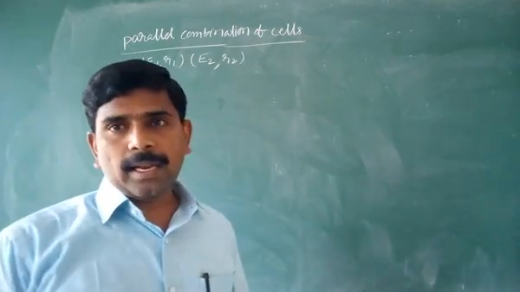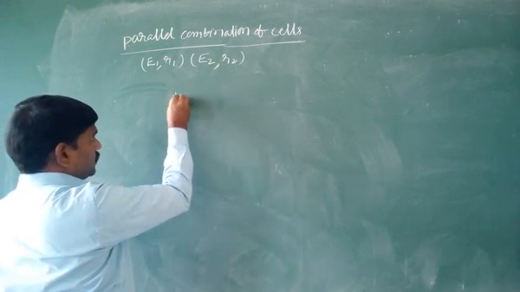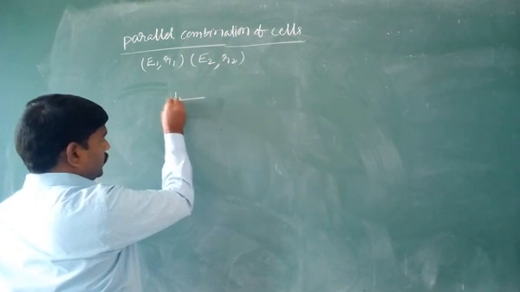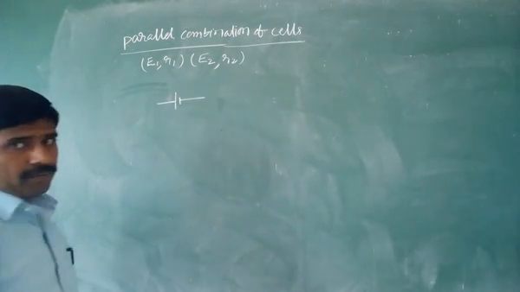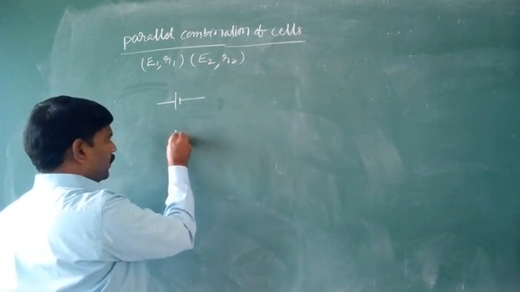What is the parallel combination of these cells? All the positive terminals of these cells are connected at one point and all the negative terminals are connected at another point.